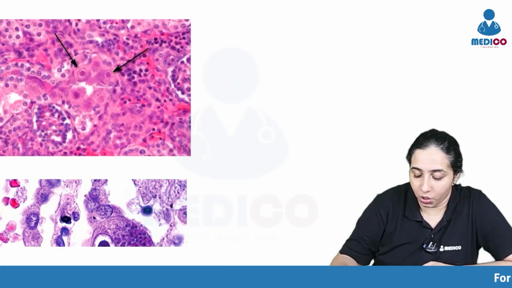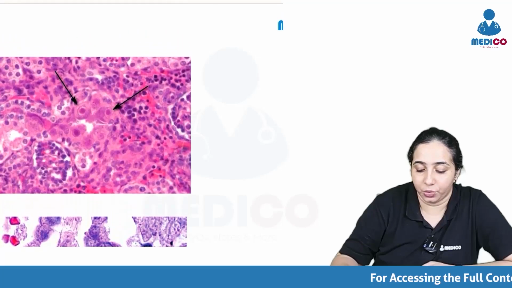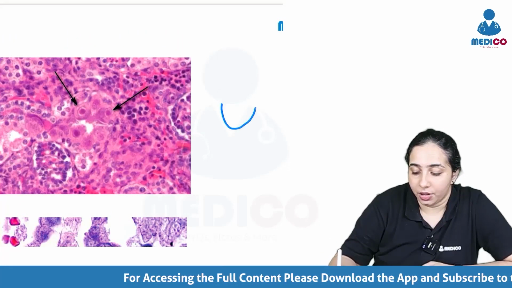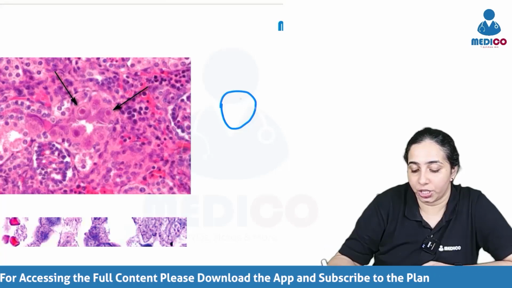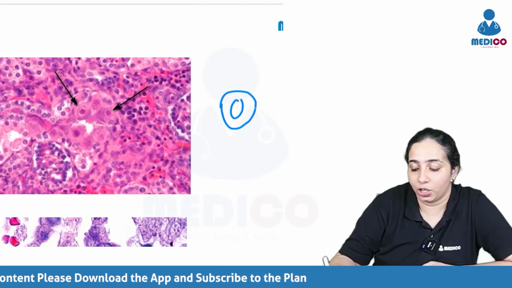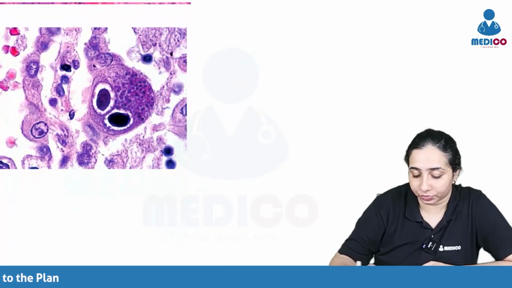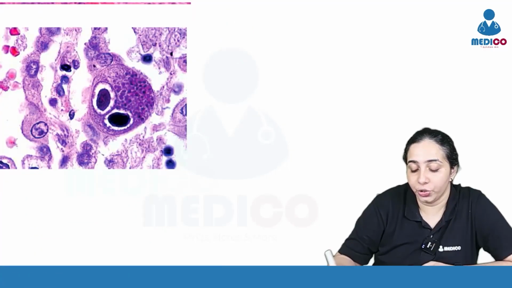Okay. Now, are you able to identify what this is? Here you have some sort of an inclusion wherein you have a halo. Halo essentially means there is a clearing and a dark nuclei. Here also you can see something like that.